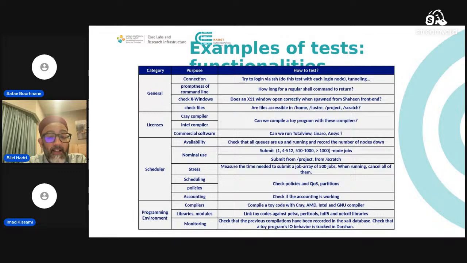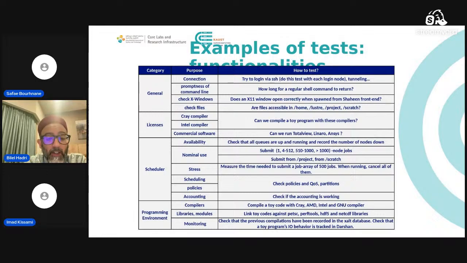Check the file access into all your file systems. Check the compilers, whatever you have, like the Cray, the Intel here I put, but also GNU, and commercial software, like can I run TotalView, Linaro, ANSYS? Unless your license server is down, make sure.